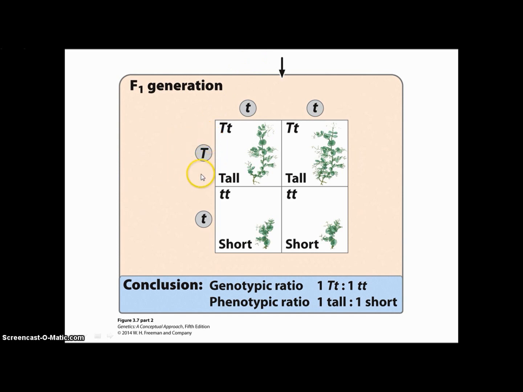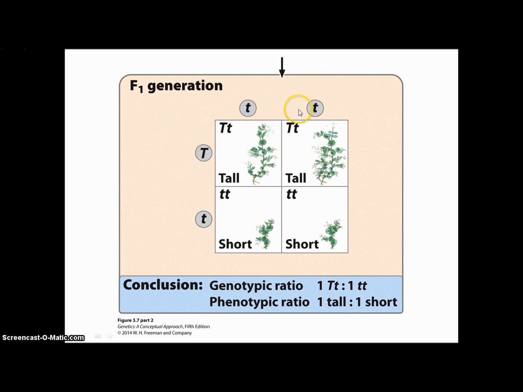The probability of getting a big T from this individual is 50%, 1/2. And then we can multiply that by the probability of getting a big T from this individual, which in this case is 0 because it doesn't have a big T. And so the probability of getting a big T individual is 0 from this cross. The probability of getting a big T little t is 1/2 times 1.